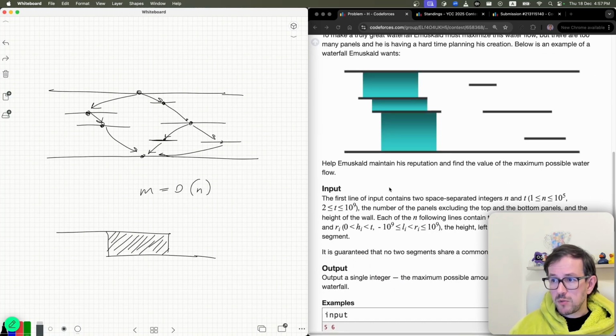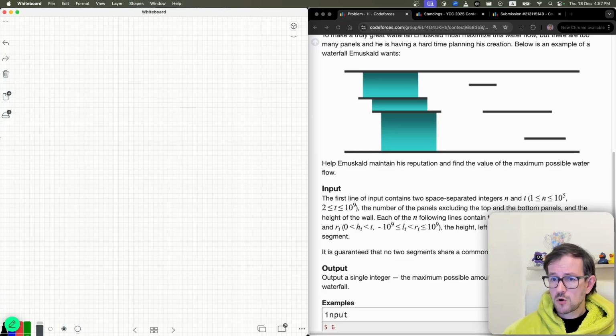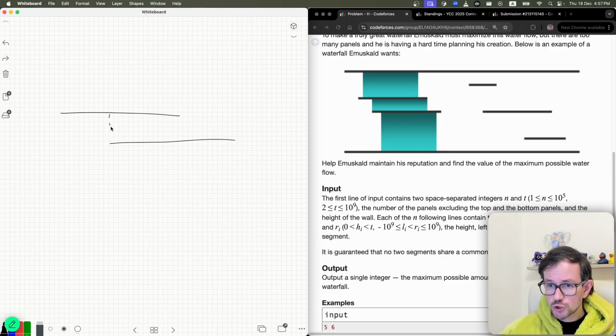The only problem is how to build this graph, and I will build it using the sweep line technique. Again, it looks like a sweep line problem. I will go left to right. If I have two panels and I can push the flow, I just need to check that this region is empty.